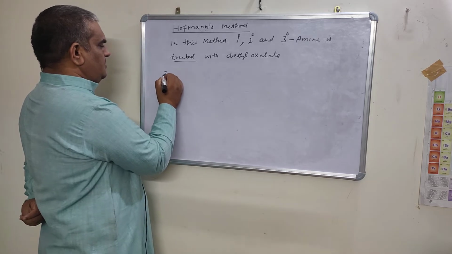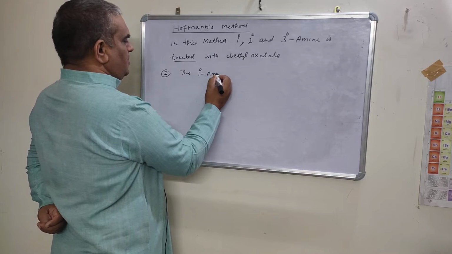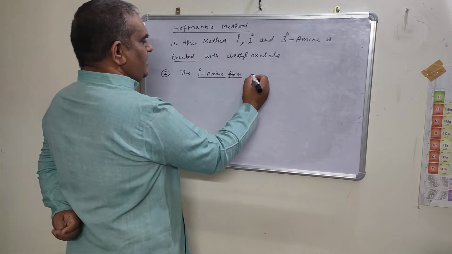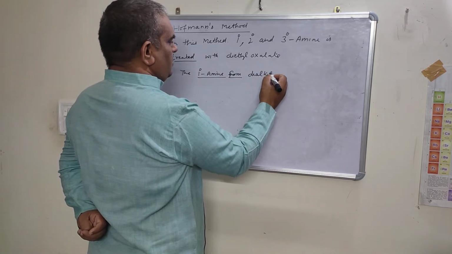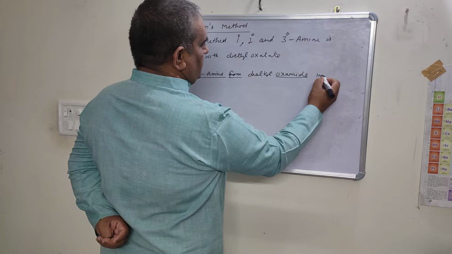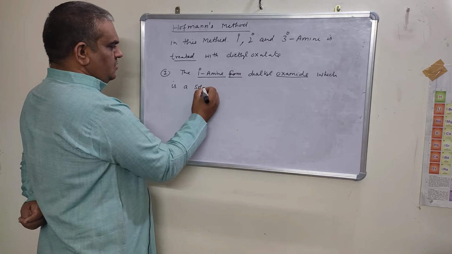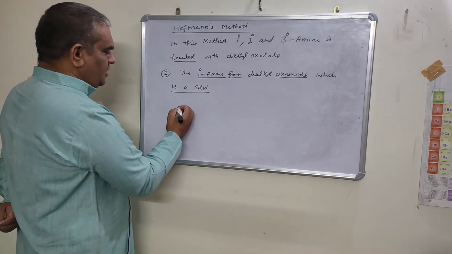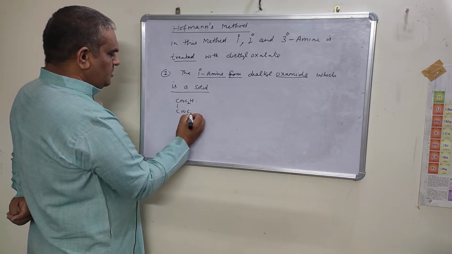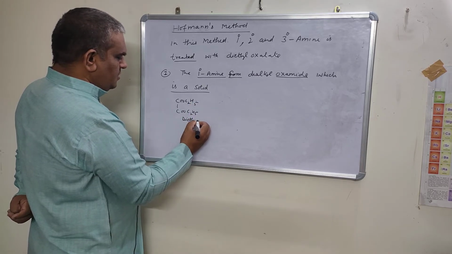The first is the primary amine, which forms dialkyl oxamide, which is a solid. This is the diethyl oxalate, COOC2H5, COOC2H5.